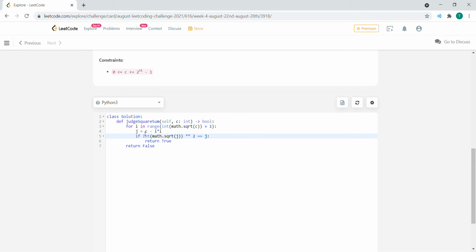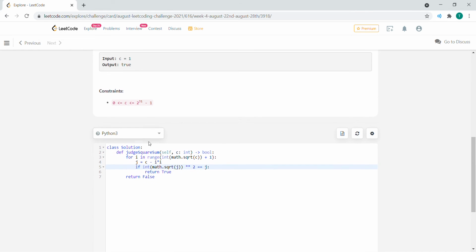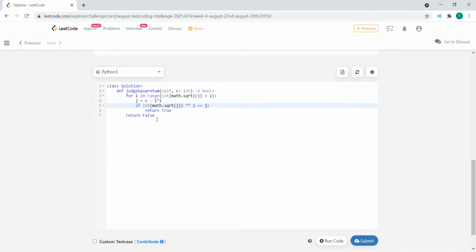Space complexity is big O of constant space, because we just return true or false. Alright, that's pretty much it for this one using the square root function.